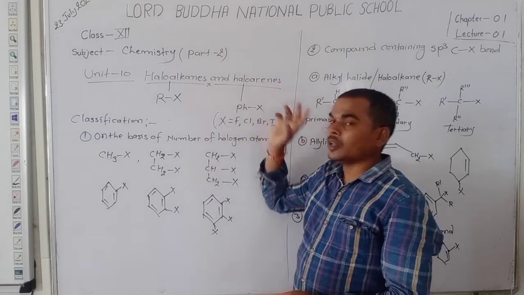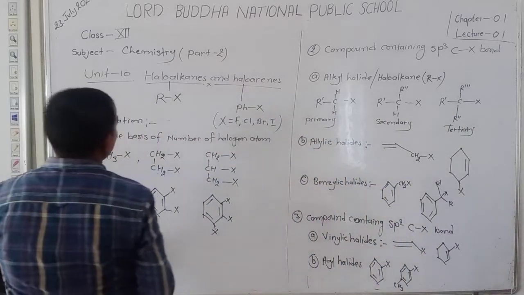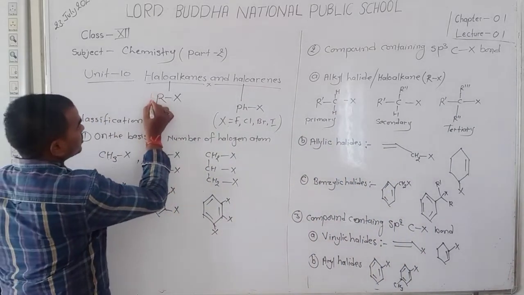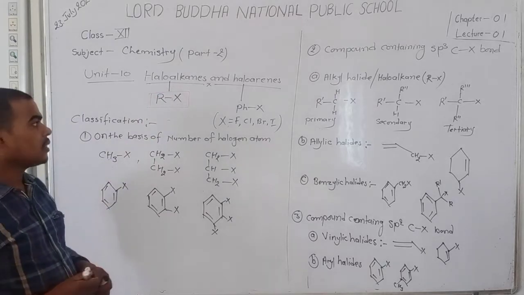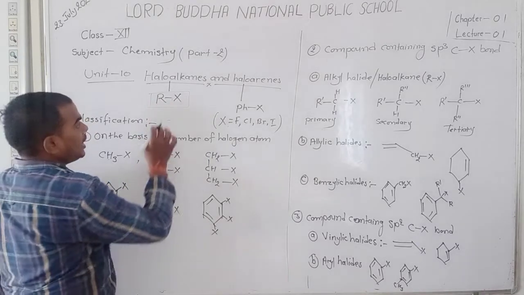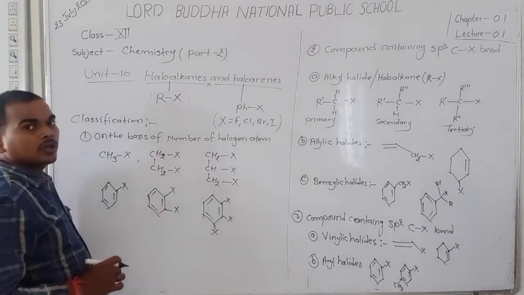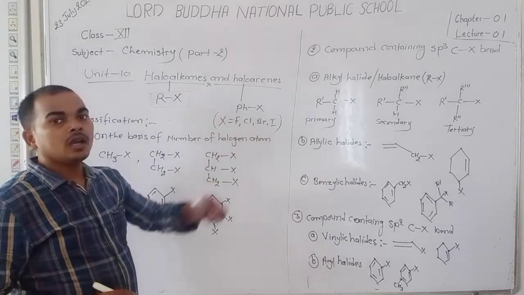haloalkanes and haloarenes. The representation of haloalkanes by RX is known as haloalkanes. Here R is an alkyl group and X is a halide, that is fluorine, chlorine, bromine or iodine.